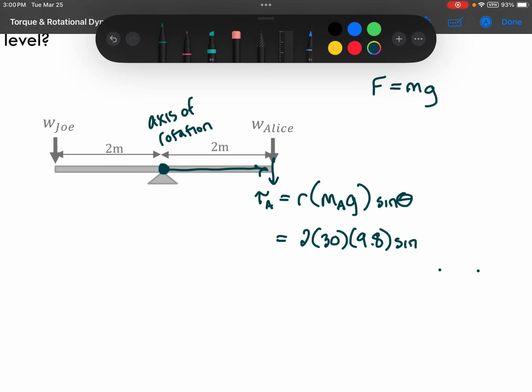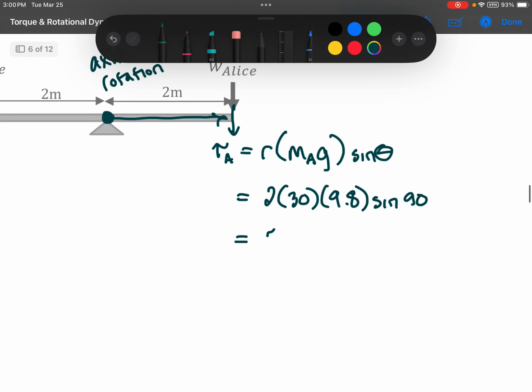And so the angle between right and down is of course 90 degrees, it's perpendicular. So when we multiply this out, we get the torque from Alice's weight is 588 newton meters. It's worth noting what direction this is in. So her weight, if we just looked at it, would be causing the seesaw to rotate clockwise.